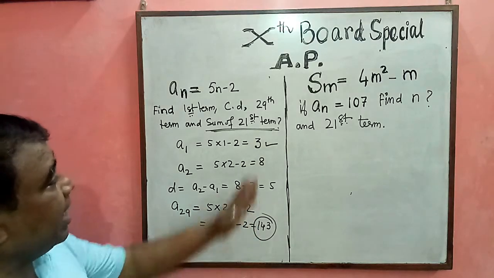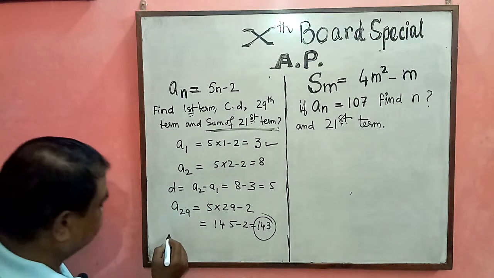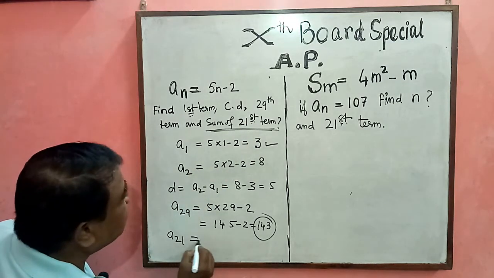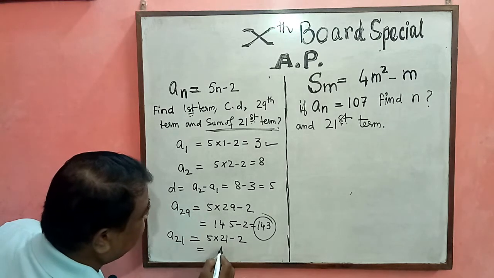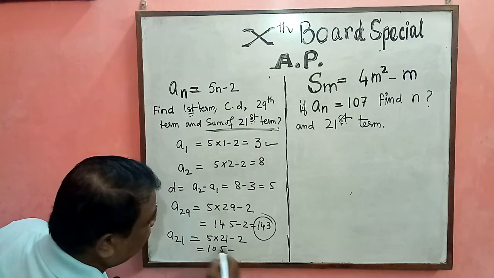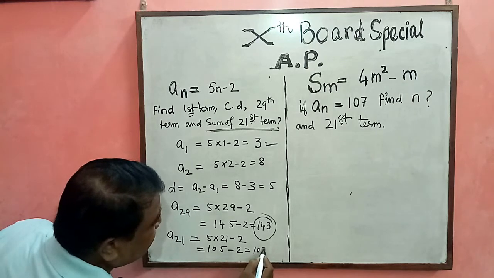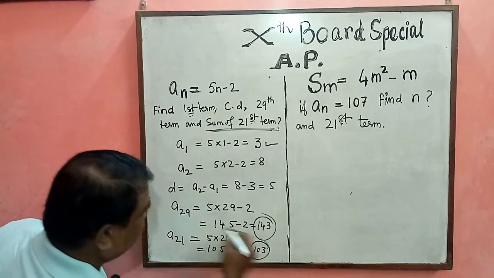I will directly find a21. 5 into 21 minus 2. This is 105 minus 2, 103 is the 21st term.